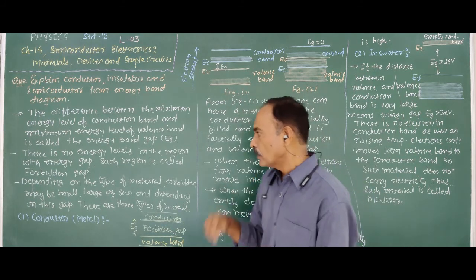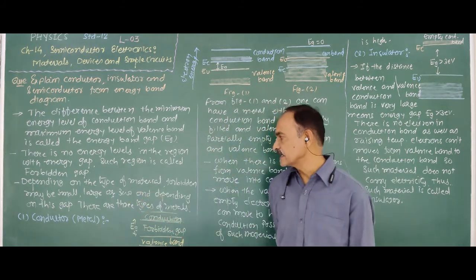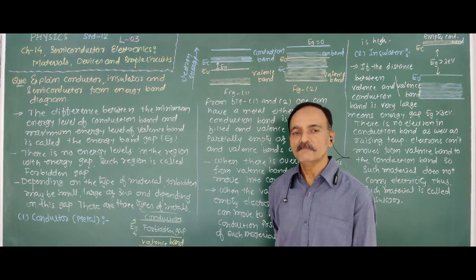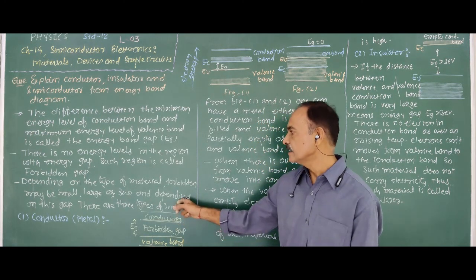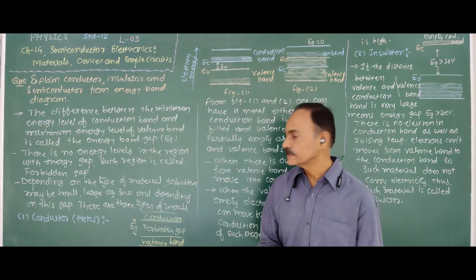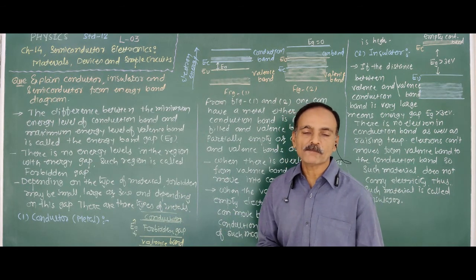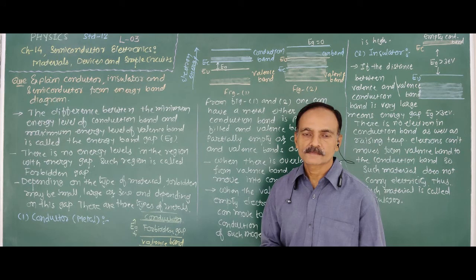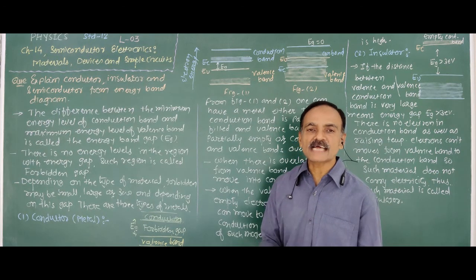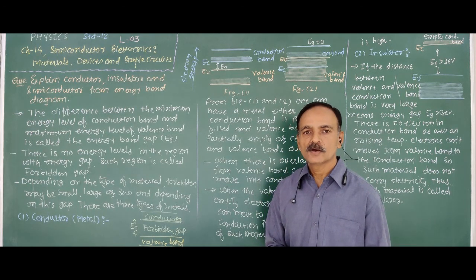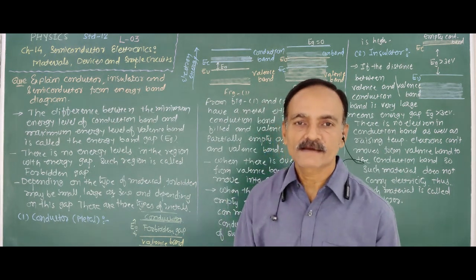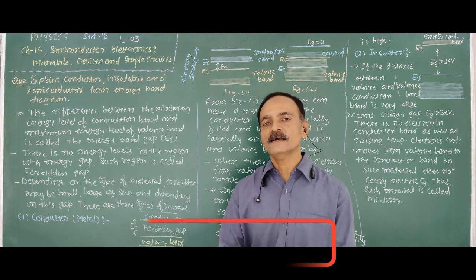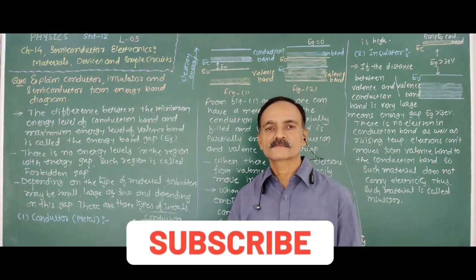Depending on the type of material, the forbidden gap may be small, large or 0, and depending on this gap, there are 3 types of material. Depending on the size of the forbidden gap, we can divide materials into 3 categories: conductor, insulator and semiconductor.